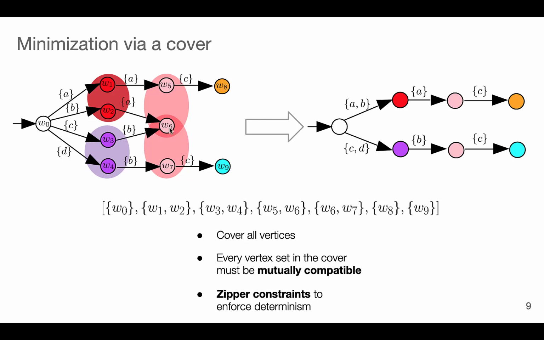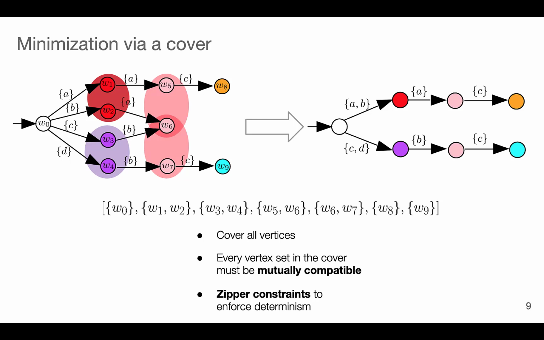For example, here W6 is split into 2, and one is merged with W5, and the other one is merged with W7. The vertex cover should also satisfy some additional constraints. For example, all vertices in each set should be compatible with each other, such that you will not merge vertices with different colors. They should also satisfy zebra constraints, such that after merging, a vertex will not non-deterministically transition to multiple vertices under the same label.